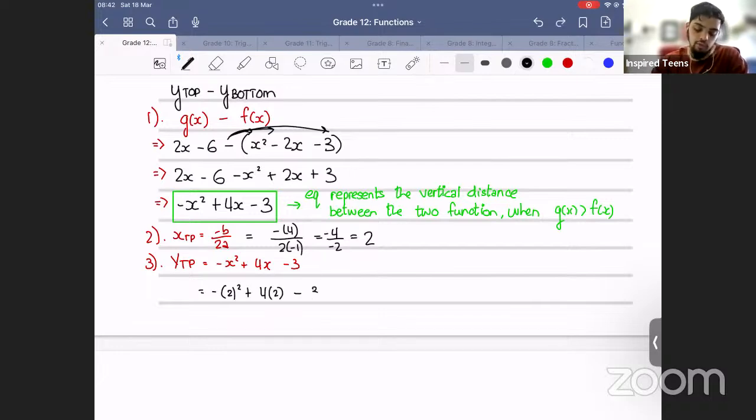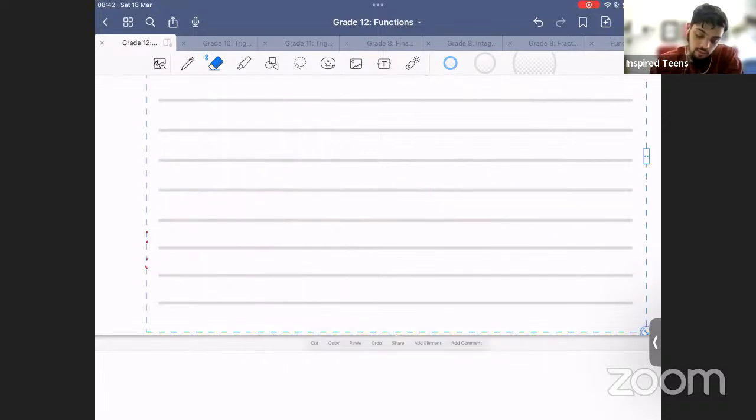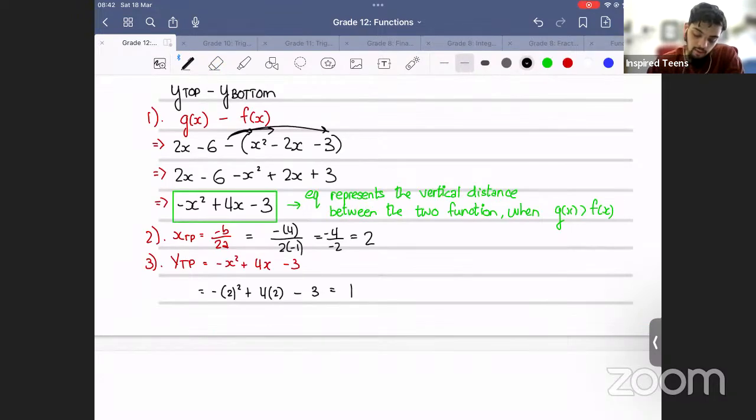So it's 2 squared, which is 4, negative 4 plus 8 is positive. I think we're getting 5. No, we'll be getting... We're getting 1. Correct. Okay, we're getting 1. So basically, the value of the y turning point is 1.